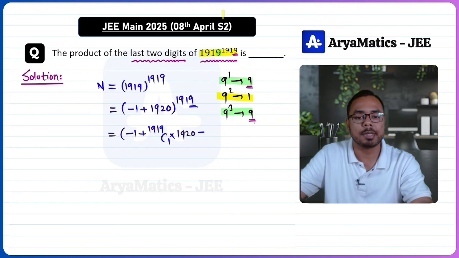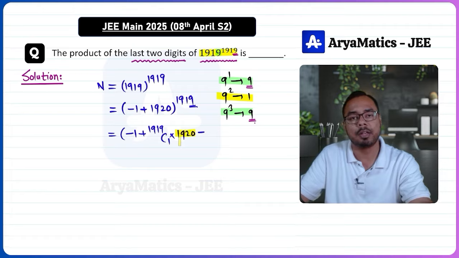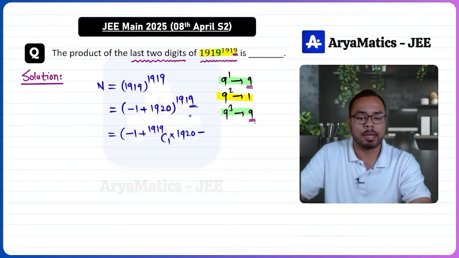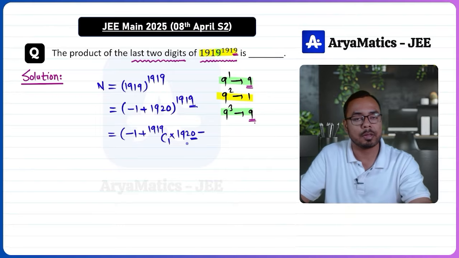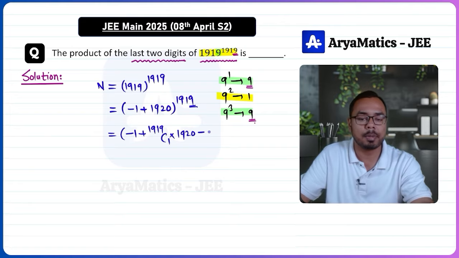Now in the next term you can see that you will get the square of this one, 1920 square, and in 1920 we have a 0, so its square will have 2 zeros, right? That means the next number is definitely a multiple of 100, right? After that, the next number will have the cube of this one, so that will be 100 into some integer.